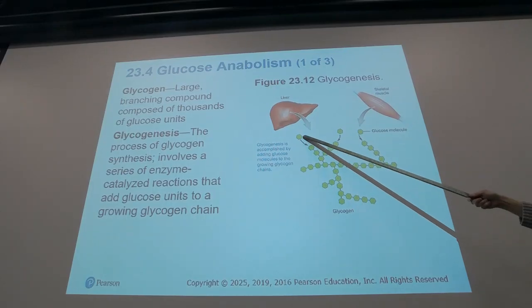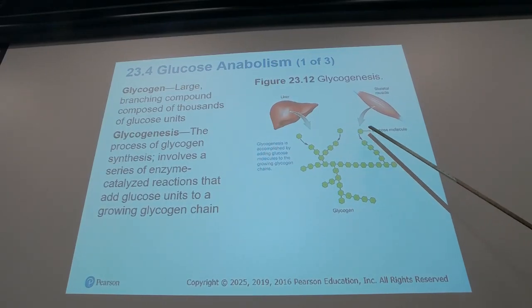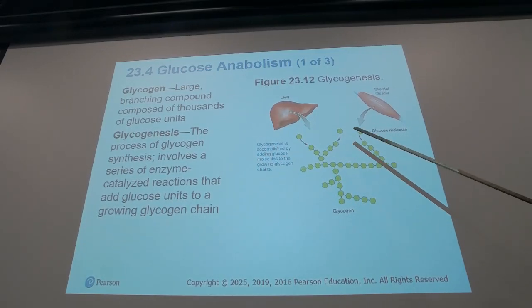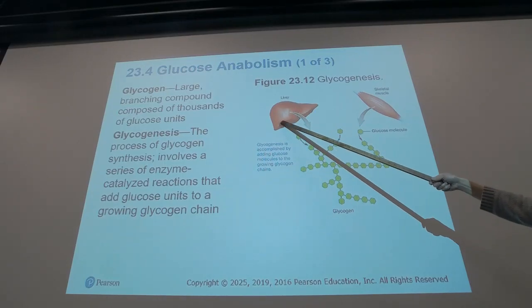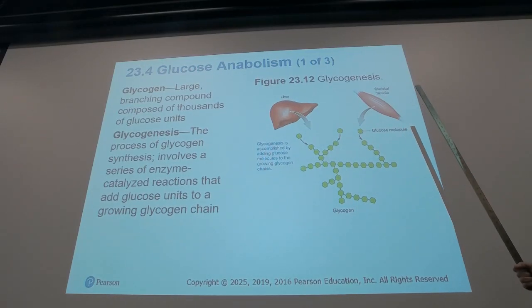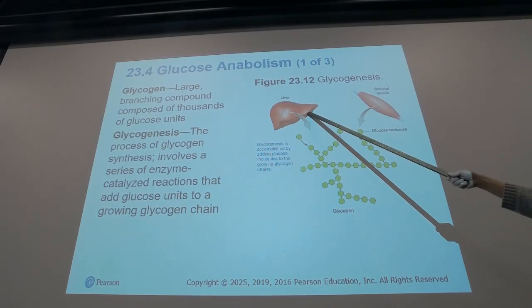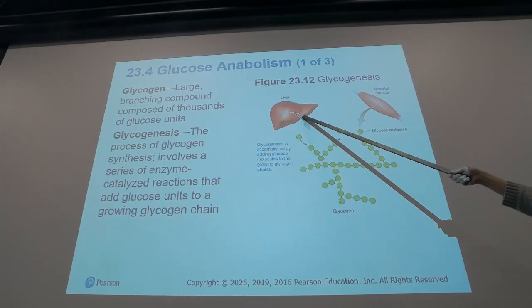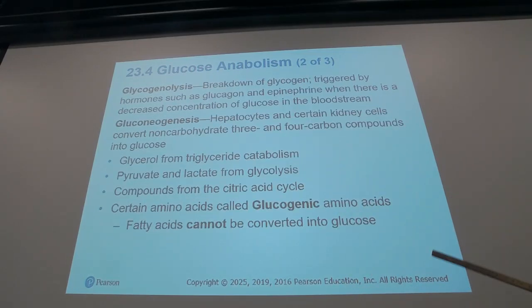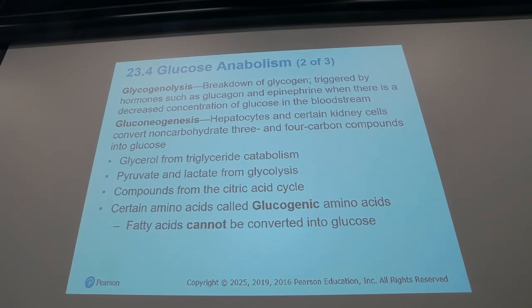And you will have branching out of this, and you have an enzyme that forms this glycogen in the liver. The process of forming glycogen is known as glycogenesis. Now, the process of breaking down this glycogen when you need it is glycogenolysis.